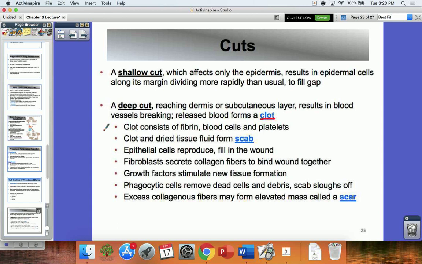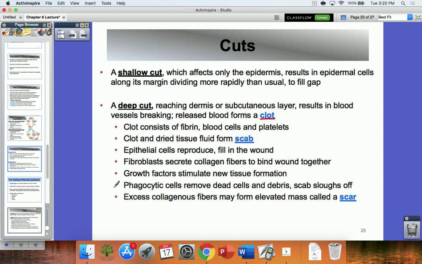And so the epithelial cells will continue to reproduce, make more, so that we can fill in the gaps. But it also has to make sure that even the stuff that's underneath has to be kind of pieced together. And so those fibroblasts are going to go in and kind of weave things together underneath because the wound is so deep. And then it will continue to grow, start to form, piece it together.